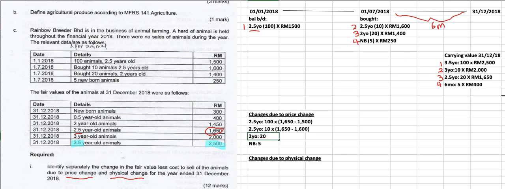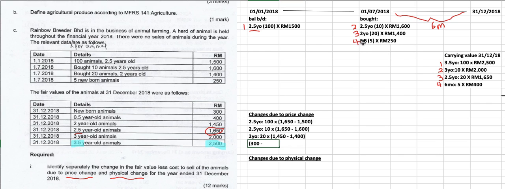For the third group, 2 years old, we take 2 years old on 31st December, which is 1,450, minus the price on the acquisition date, 1,400. Okay, is that correct? And then the newborn times the price at the end of the year, newborn here is 300, minus the price on the acquisition date, 1st July.